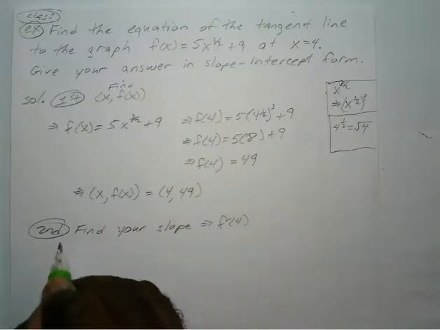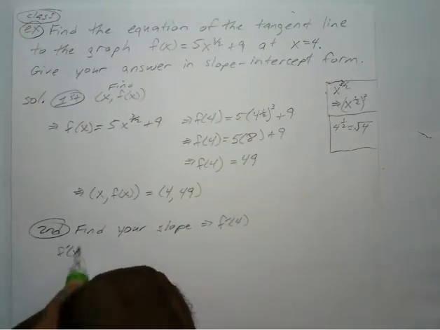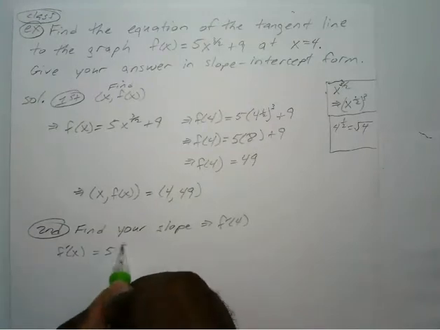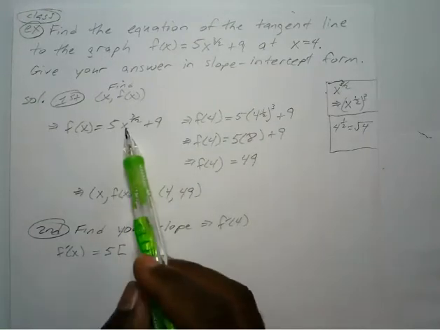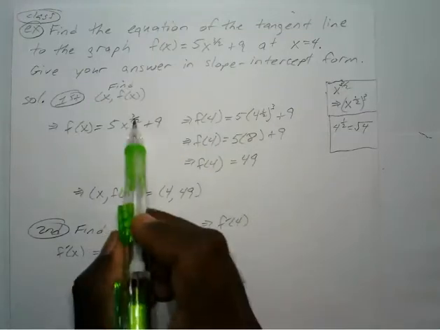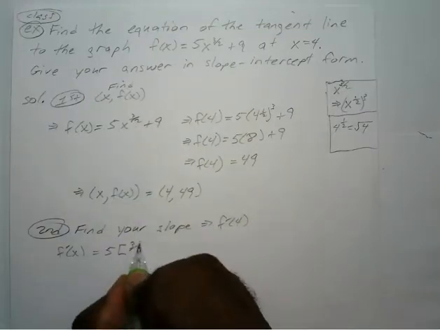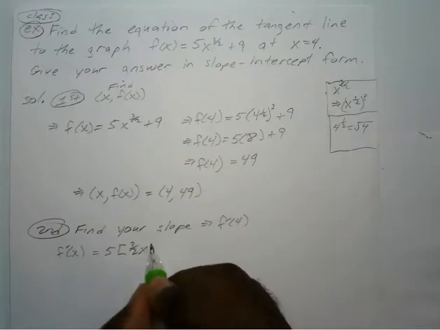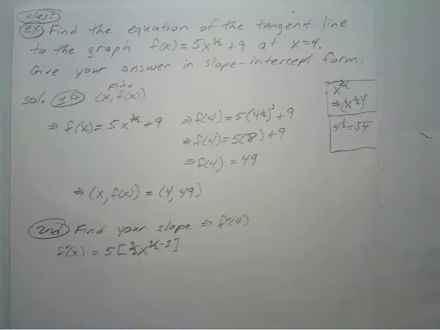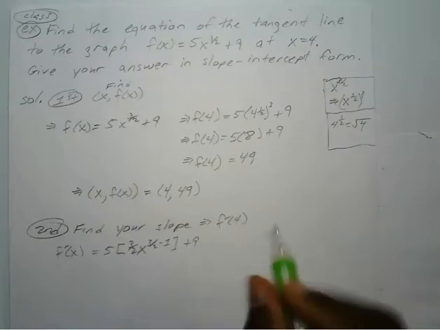All right, so you have your f prime of x is equal to 5 times the derivative of x to the 3/2 power. So we bring down our exponent of 3/2 times x to the 3/2 minus 1. Plus 9. Can't forget that plus 9.